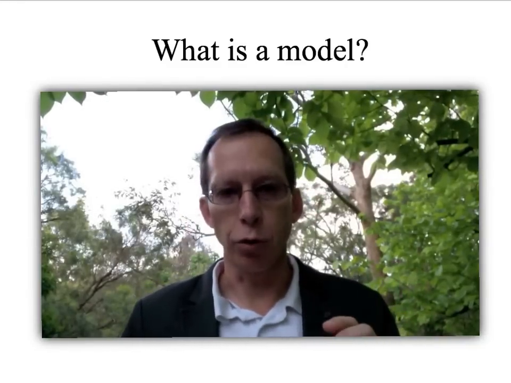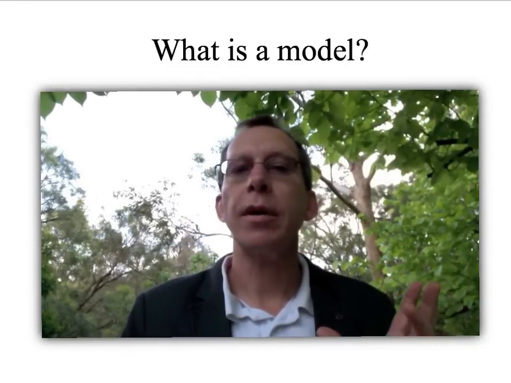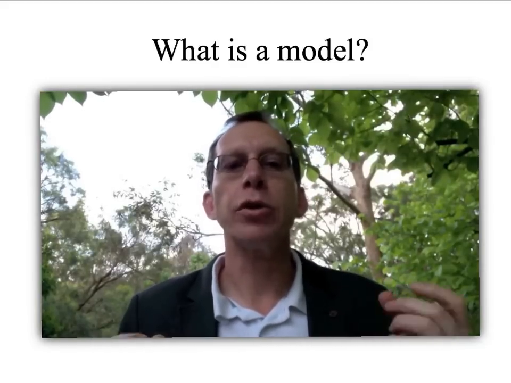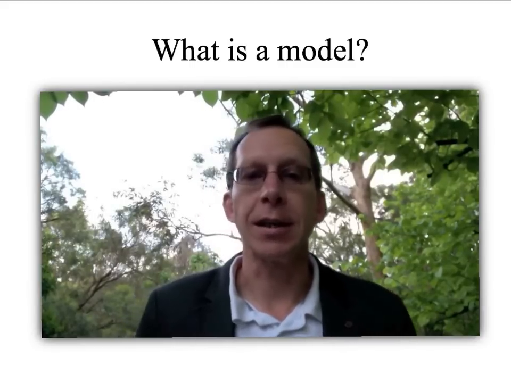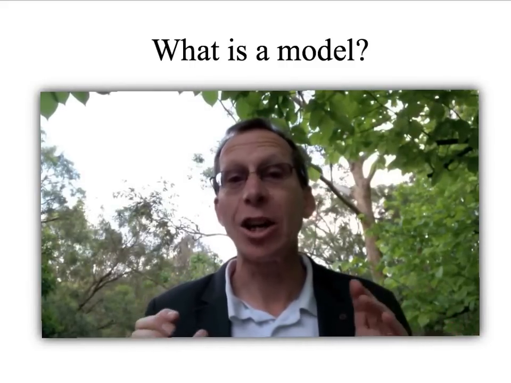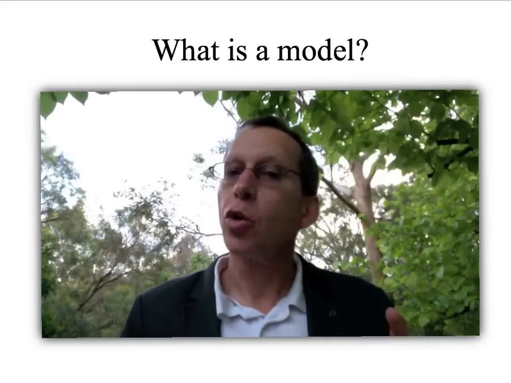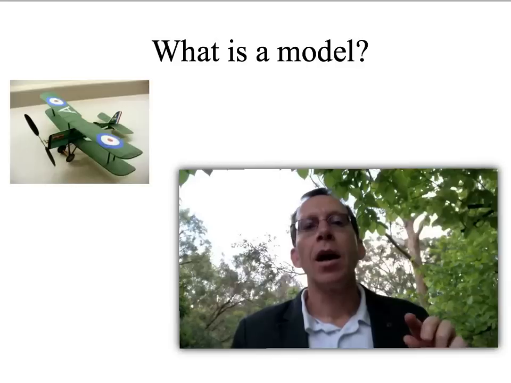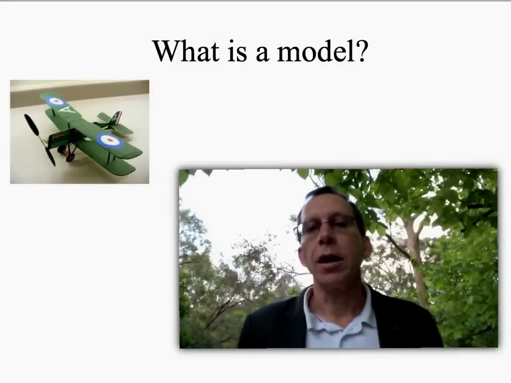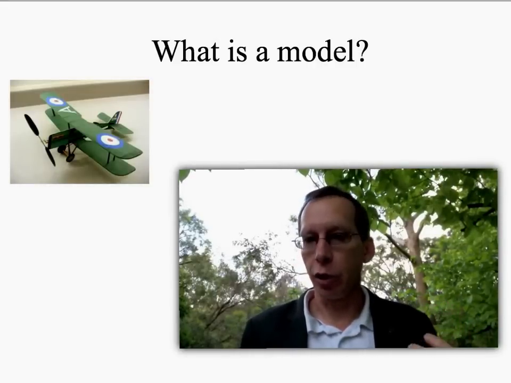What is a model? In the physical and the social sciences, models are used to help us analyse the real world. Unfortunately, the real world is a nasty, complex place. So to understand the real world, we use models. A model is a simplified version of the real world.